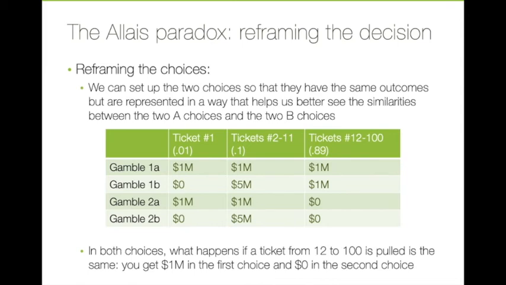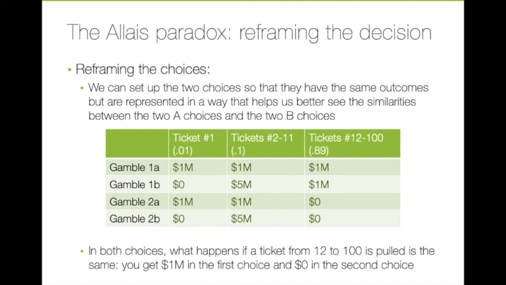Notice in 1A and 1B, 89% of the time, there's no difference between these gambles. If you look at tickets 12 to 100, the outcome of those two gambles is the same. And again, look at the difference in 2A and 2B for tickets 12 to 100. There isn't one. Doesn't matter if you choose 2A or 2B.